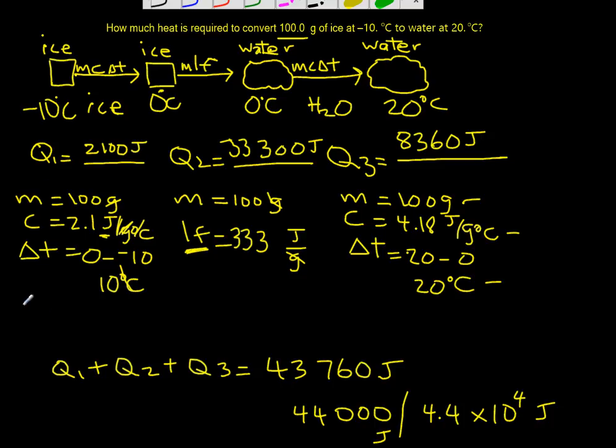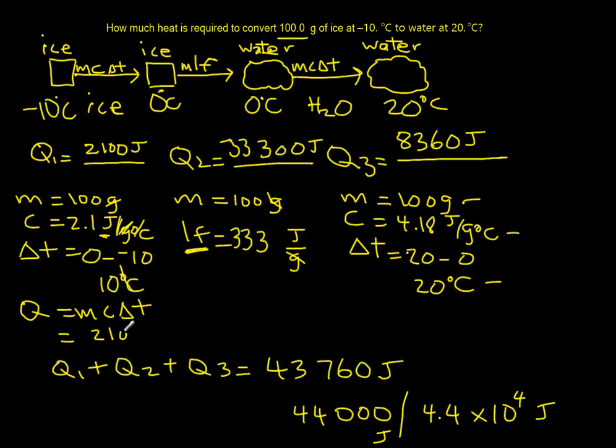So we would say Q is equal to MC delta T, and when we multiply those together, we end up with 2100 joules. Of course, the joules don't cancel, the grams cancel, and your degrees Celsius cancel. Okay?